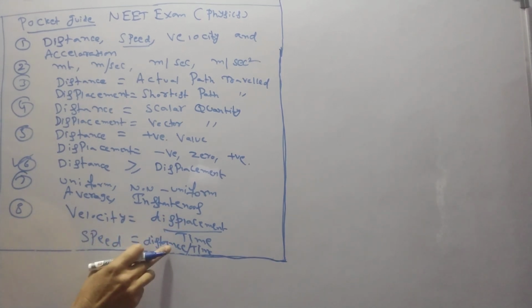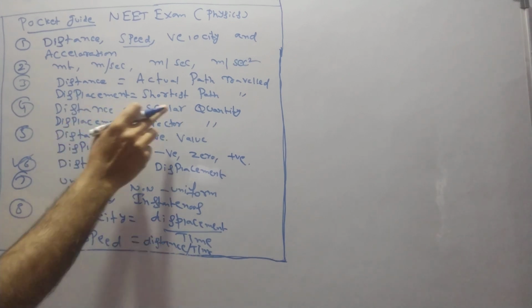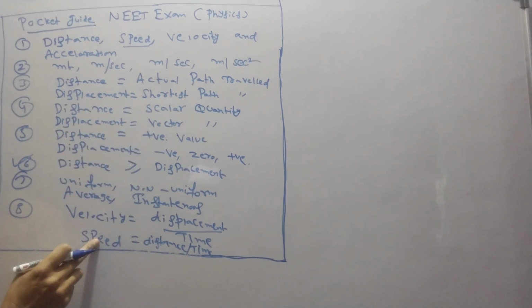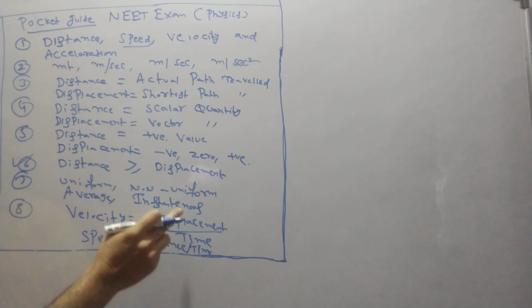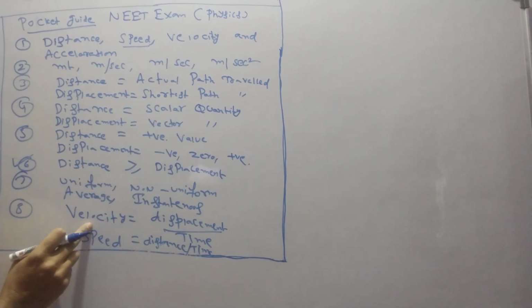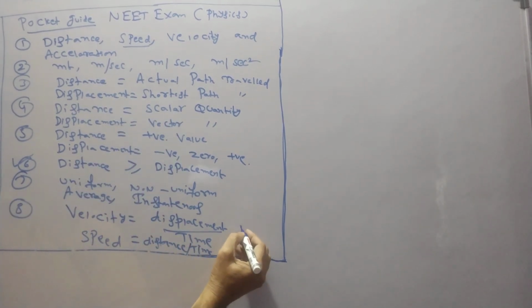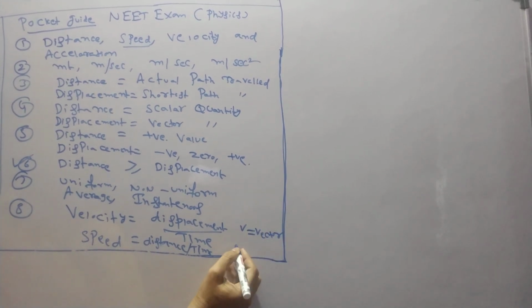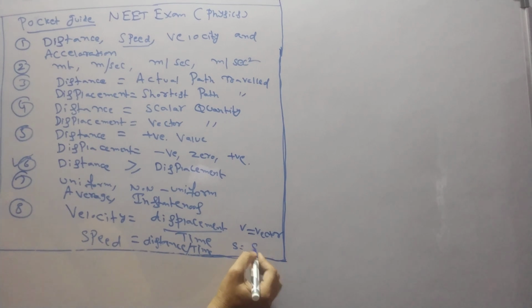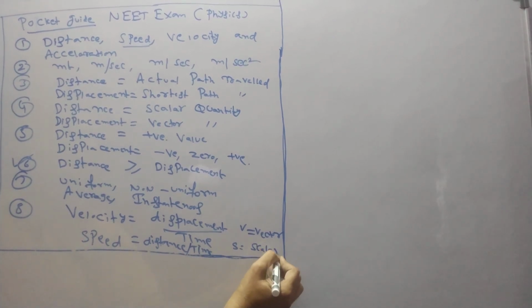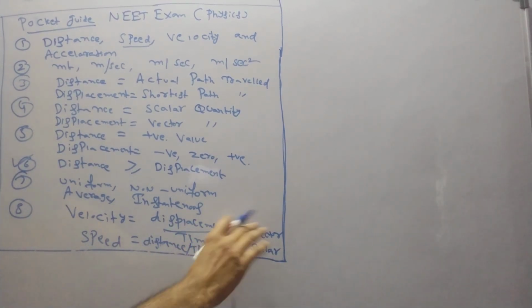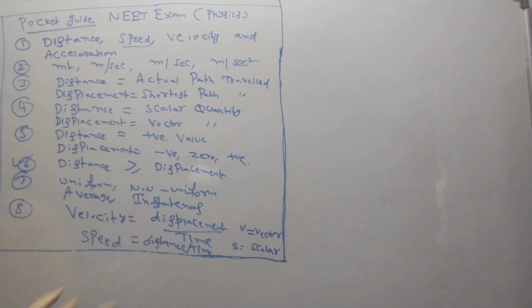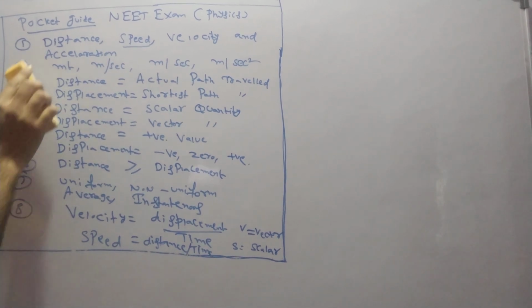So when distance is a scalar quantity, your speed is a scalar quantity, and displacement is a vector quantity, so your velocity is a vector. In shortcut way we have to write down these points and you have to remember the total syllabus of your NEET exam. So these are the first 8 points.